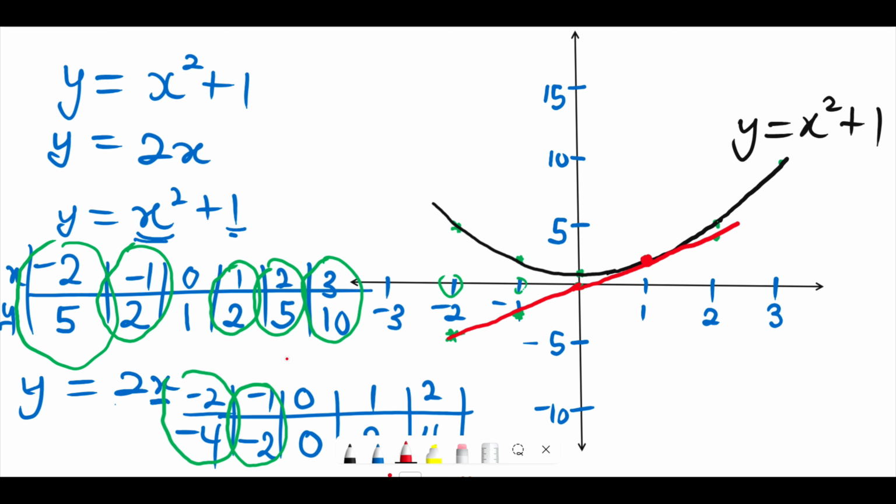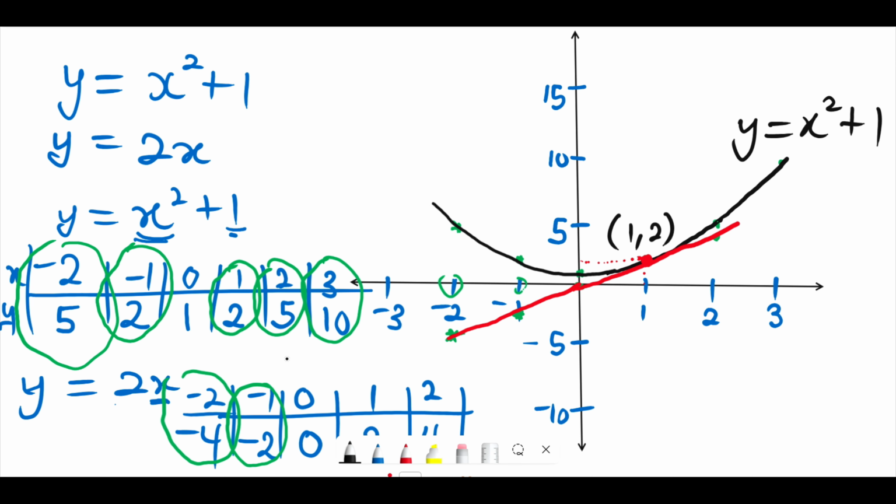Okay, so at the point where x is equal to what? 1. At the point where x is equal to 1 and y is equal to 2. All right, so when you trace it to this point, look at it carefully. So this is the y and this is the x. So at this point, we have it as 1, comma 2. So that is where they meet.